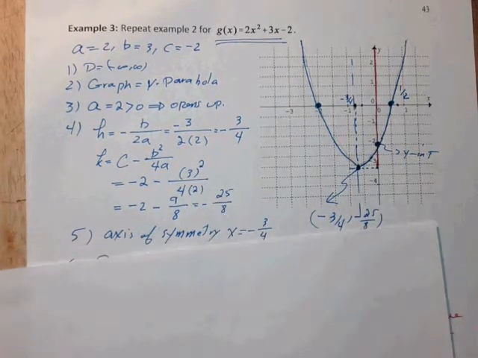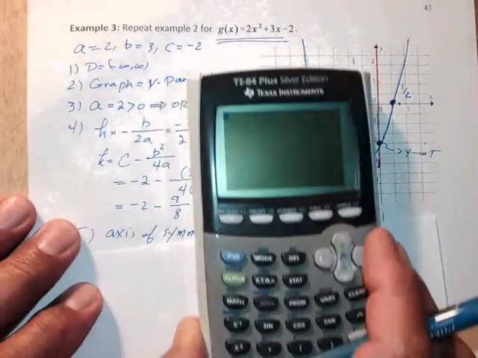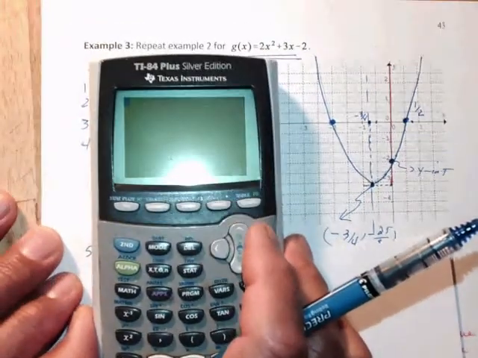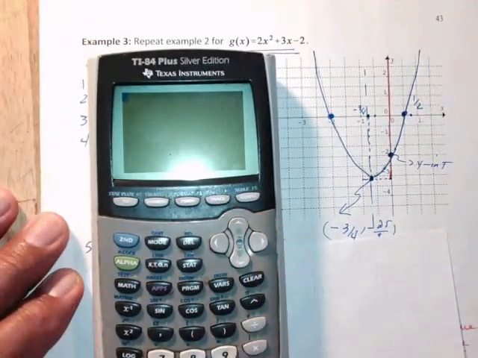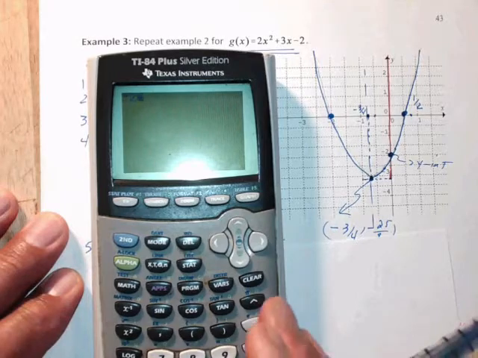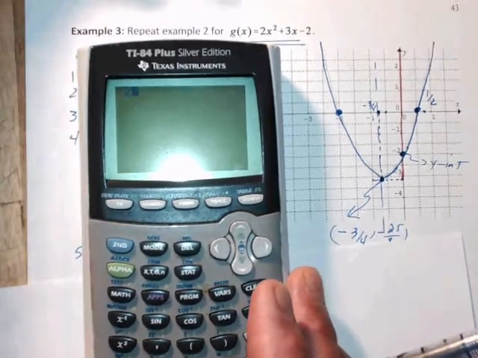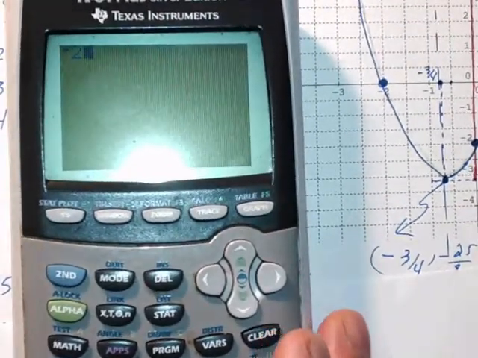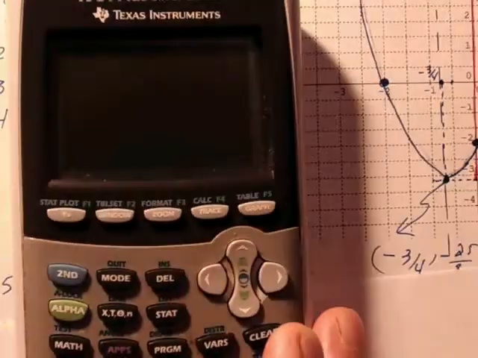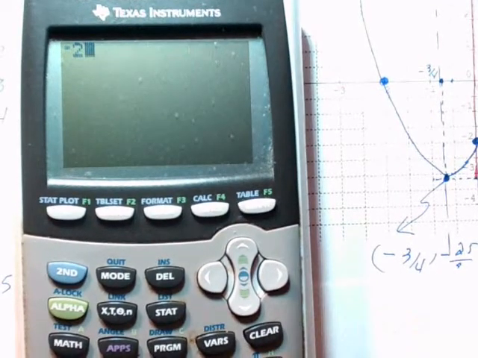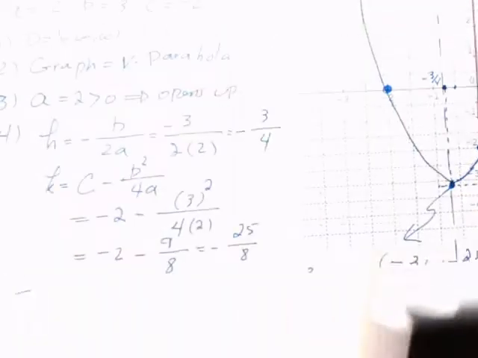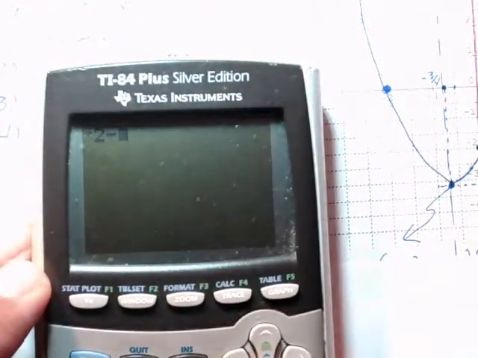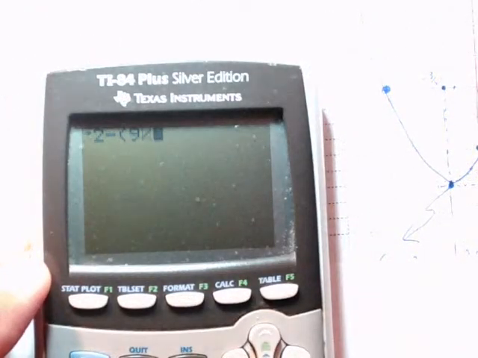And I did this on my calculator. If you are a person who's using a calculator, this is how you do it. Do it one more time here. You say negative 2 minus, parentheses, 9 divided by 8.